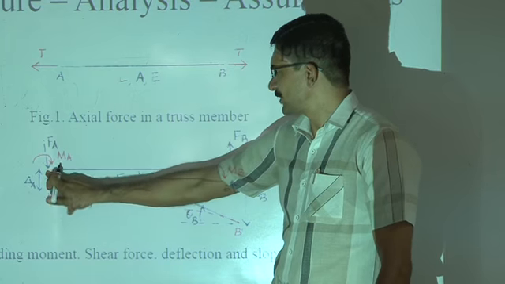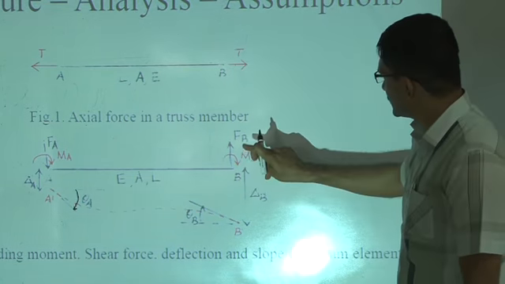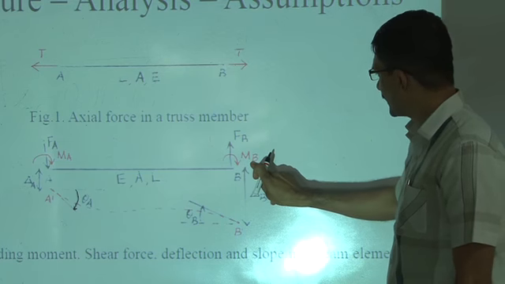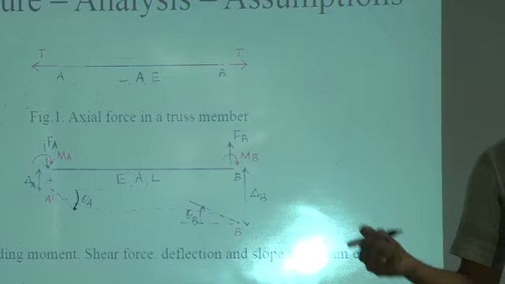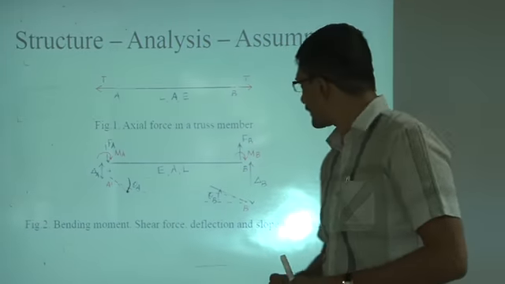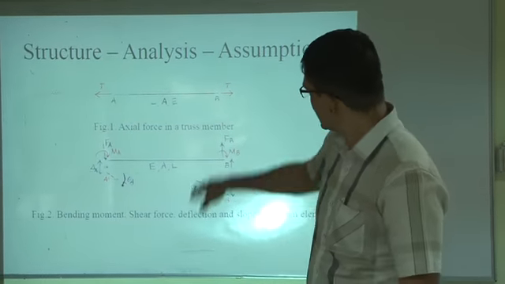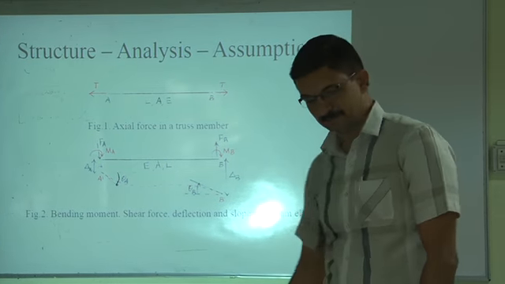Fa is the shear force at this end, Ma is the bending moment at that edge. Similarly here, Fb represents the shear force at this end and Mb represents the bending moment at that edge. So these are the notations which we generally use for structures pin jointed on top and rigid jointed below.